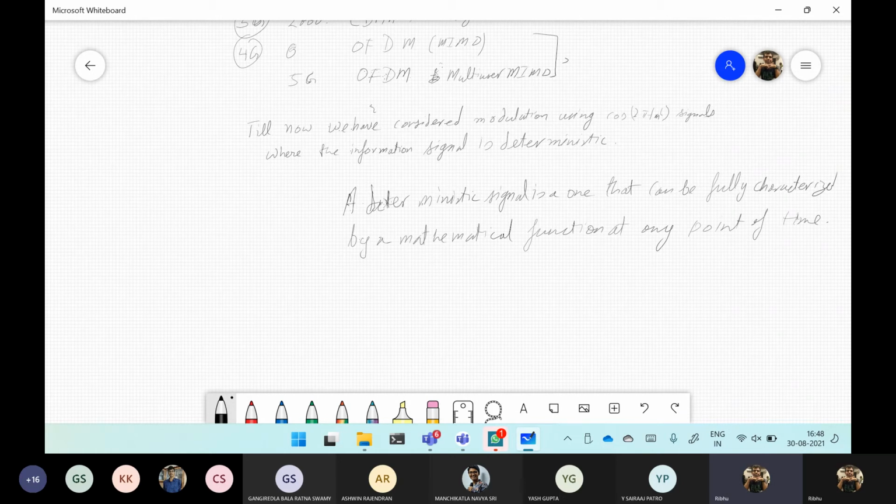Fine. A random signal is a signal that is not deterministic.